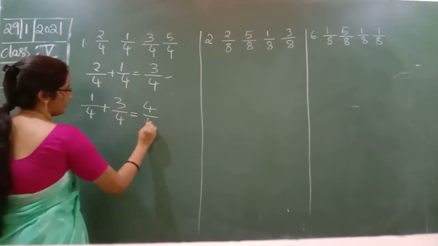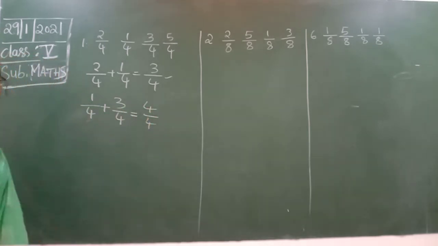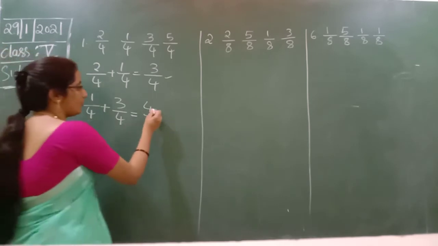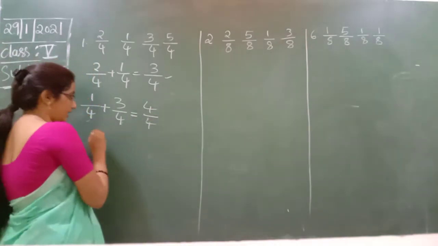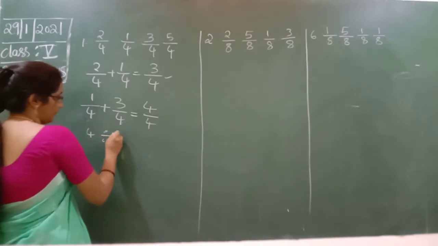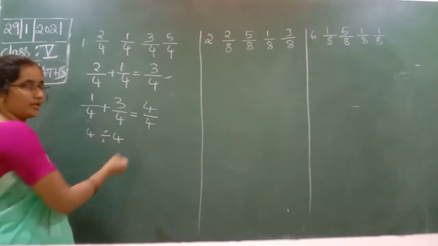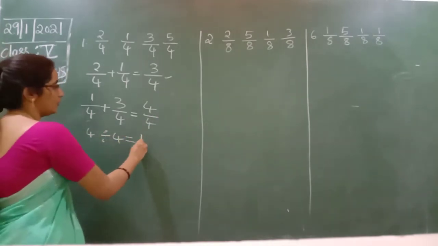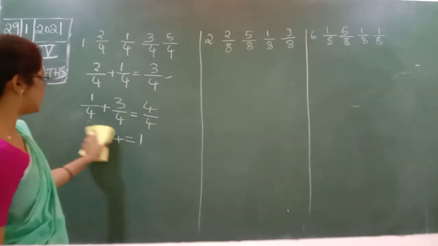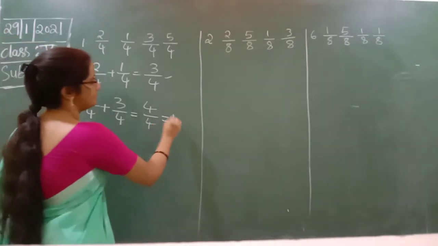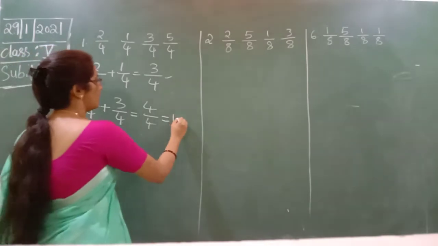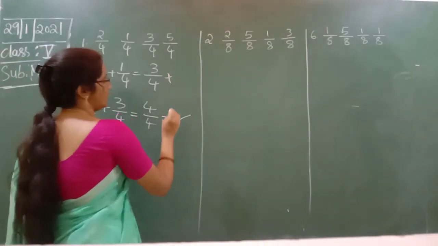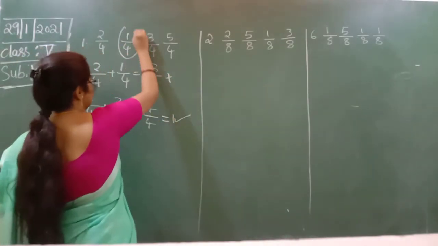That is 4 by 4. 4 by 4 means 4 divided by 4. It is equal to 1. So the answer is 1. This will make 1. Circle done.